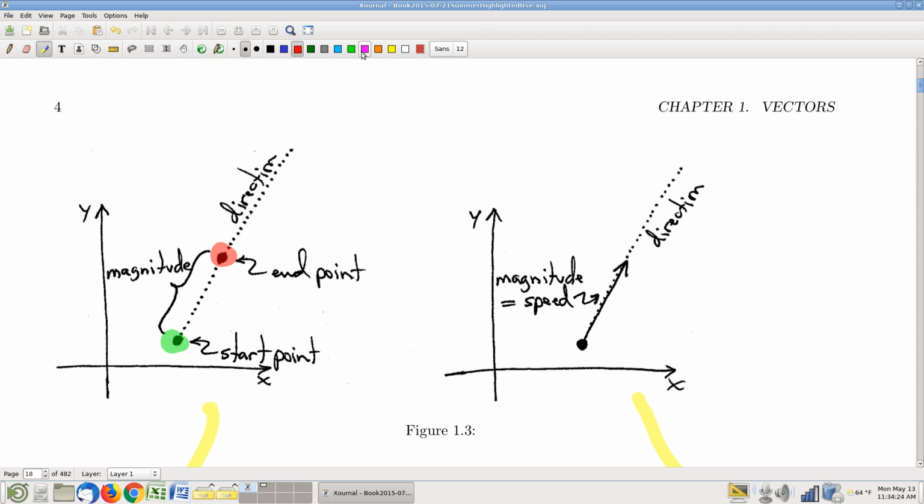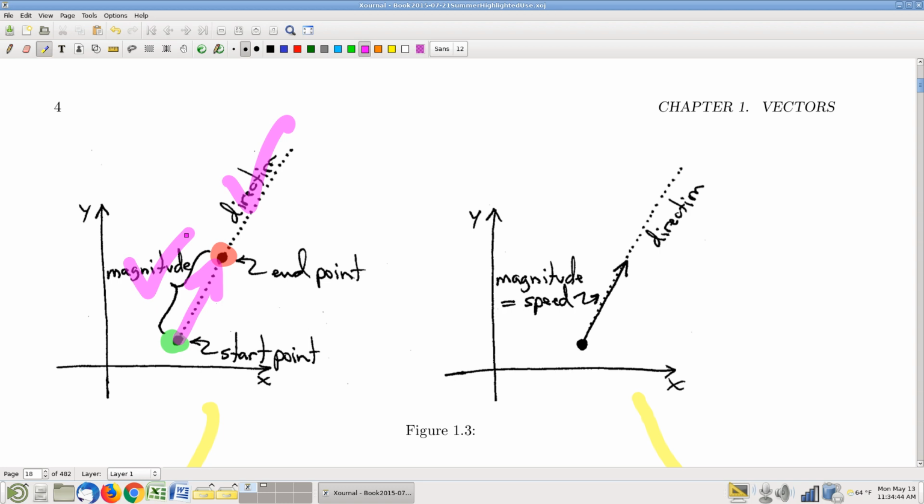If you start there and stop there, you have performed an action of displacing in a certain direction by a certain distance or magnitude. So this is a physical concept, the concept of displacement.